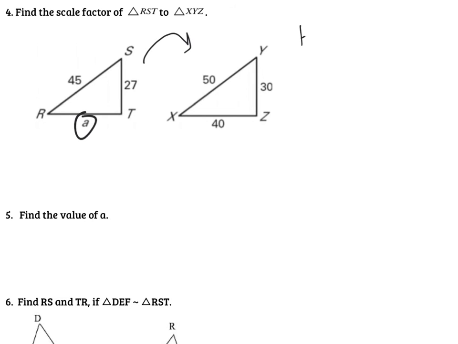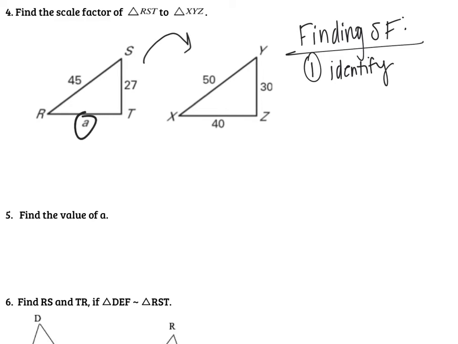So when you're finding a scale factor, I'm just gonna call it SF. I would say your first step is to identify whether you're getting bigger or smaller. So from RST to XYZ, are my side lengths getting bigger or smaller? Well, they are getting bigger. So identify bigger or smaller.